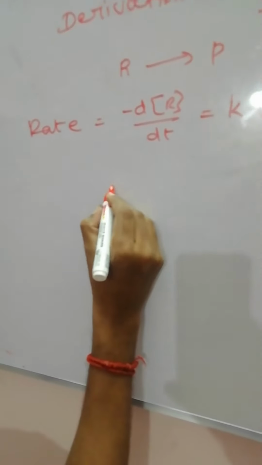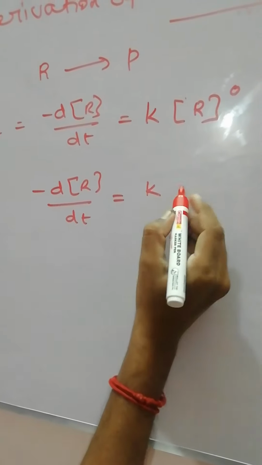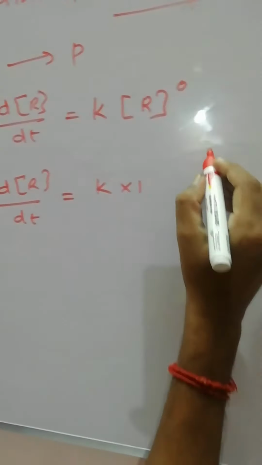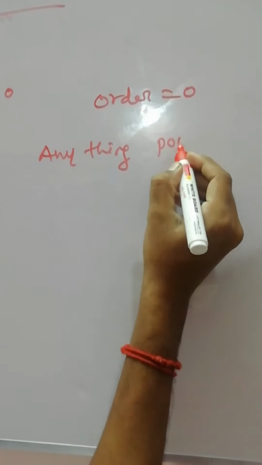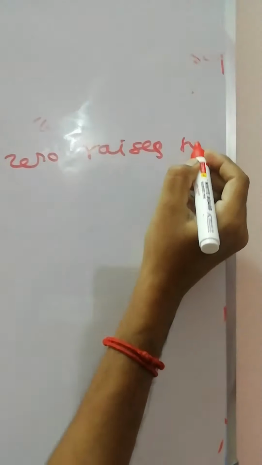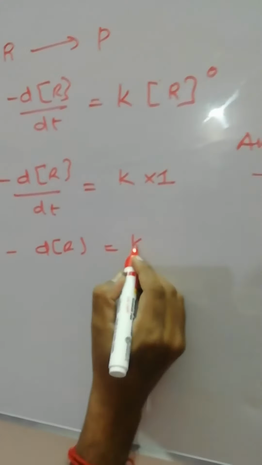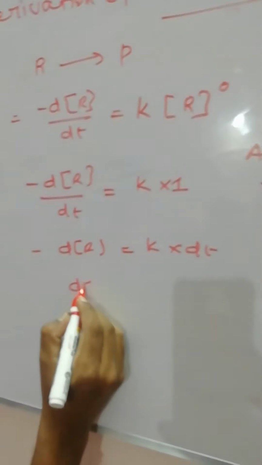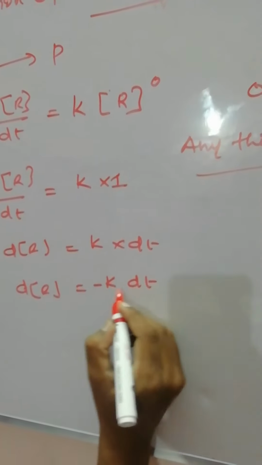Minus dR by dt is equal to K into 1, because anything to the power 0 is unity, you know that. So minus dR is equal to K into dt, right? dR is equal to minus K into dt.